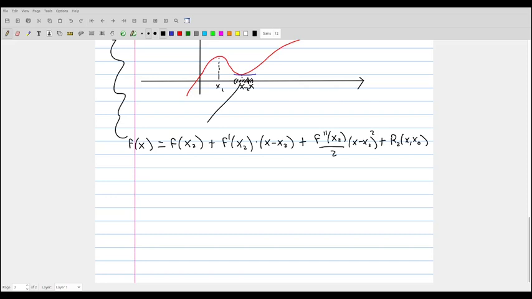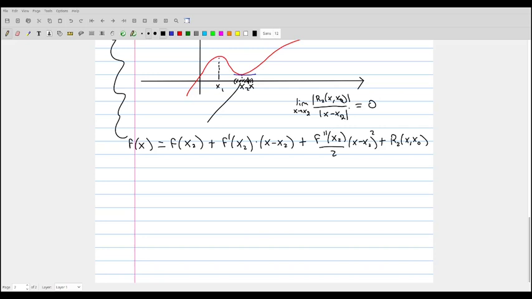As you get closer and closer to the point at which you're evaluating the Taylor series, the limit as x goes to x2 of this remainder term divided by x minus x2 squared is equal to 0.